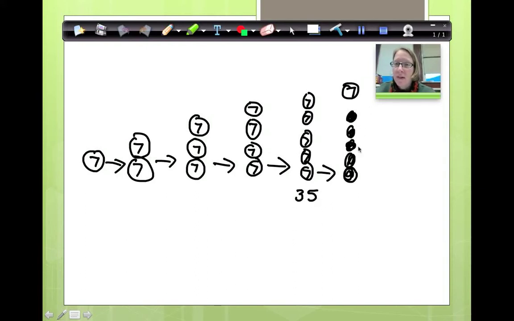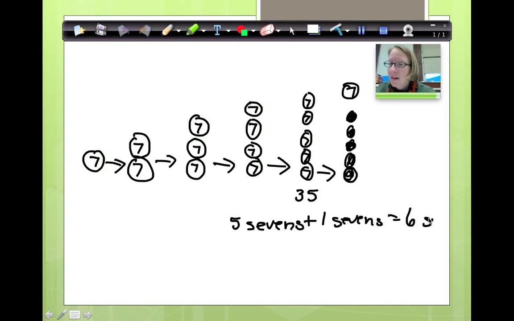What do I have here? Now I have 5 7s plus 1 7. How many 7s was that? Well, 1, 2, 3, 4, 5, 6. Well, 5 plus 1 is 6, right?